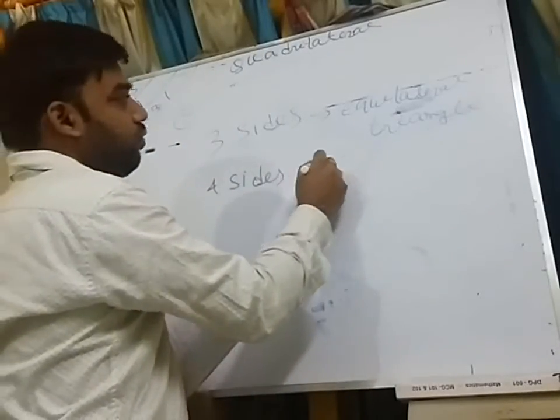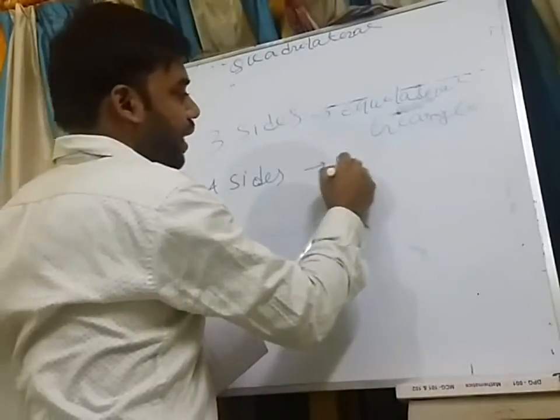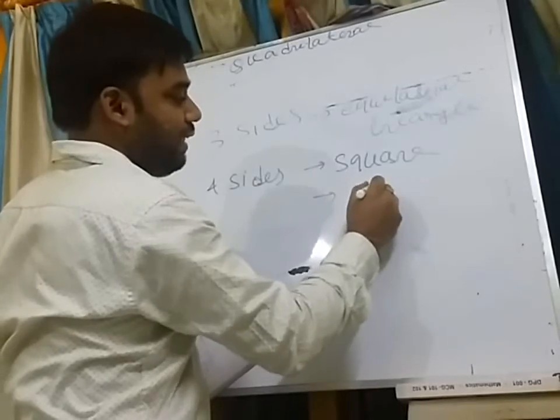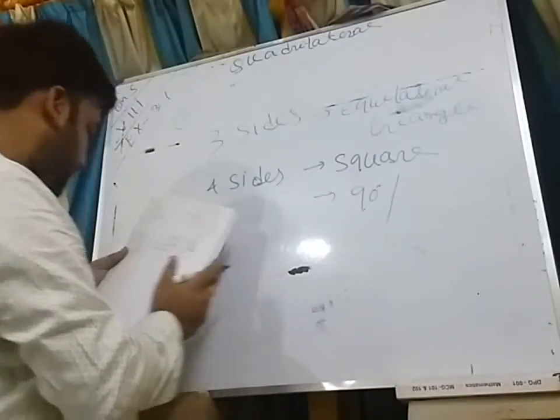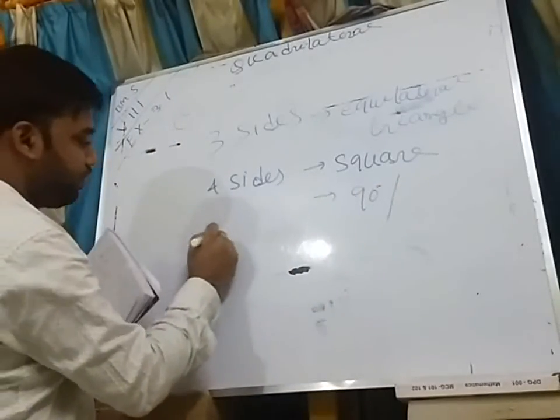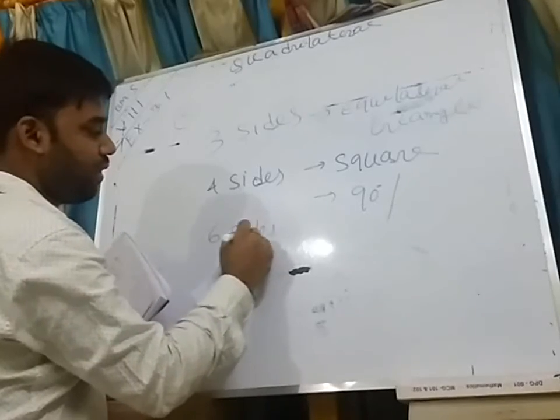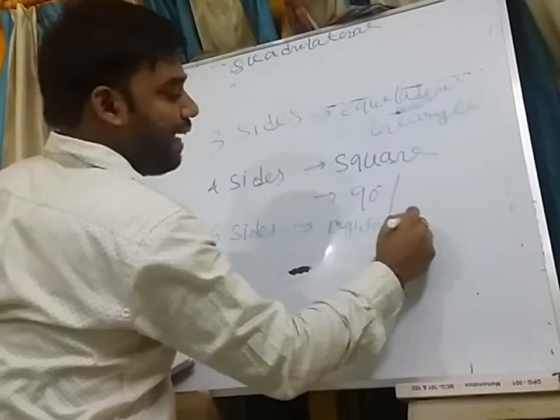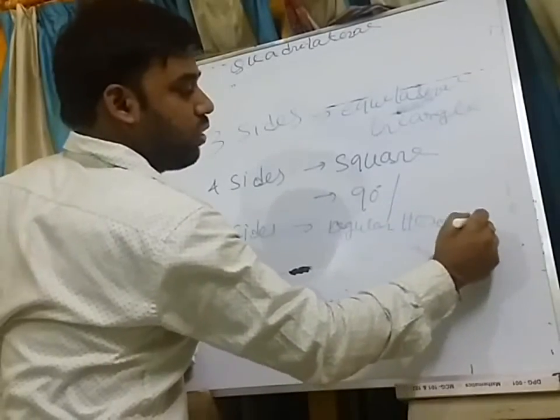A regular polygon with 4 sides is a square. Square means all angles are 90 degrees and all sides are equal. And with 6 sides, it is called a regular hexagon.